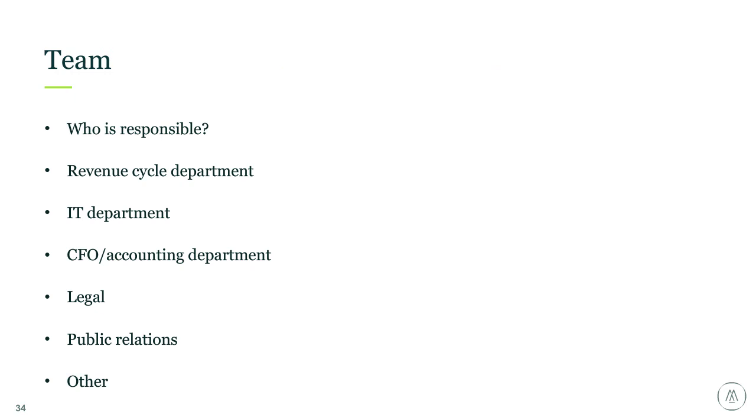From a team perspective, one thing that we wanted to start off with is who is responsible. Now, what you'll find and what you may already expect is obviously this is a very diverse team that needs to be involved with compliance for 501R and the monitoring of that compliance. But we also wanted to mention that officially, per your 990, the principal officer is the one that's going to perhaps receive any sort of inquiries or exam requests.